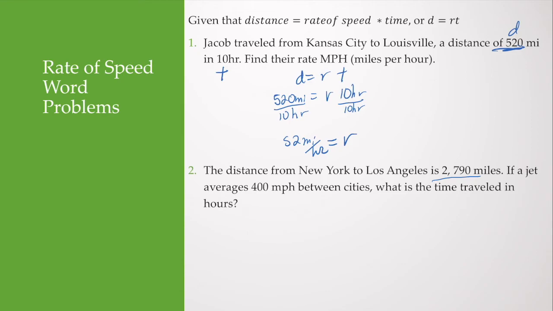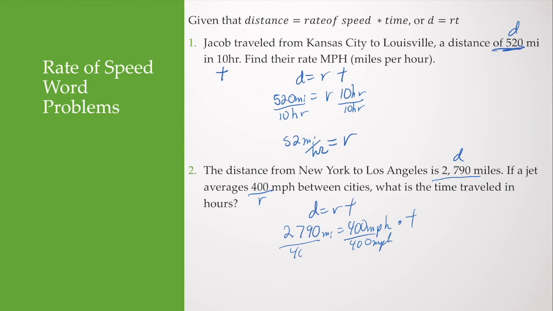Next, the distance from New York to Los Angeles is 2,790 miles. If a jet averages 400 miles per hour between cities, what is the time traveled in hours? So I have distance equals rate times time. I have my rate, I have my distance. I have 2,790 miles equals 400 miles per hour times time.